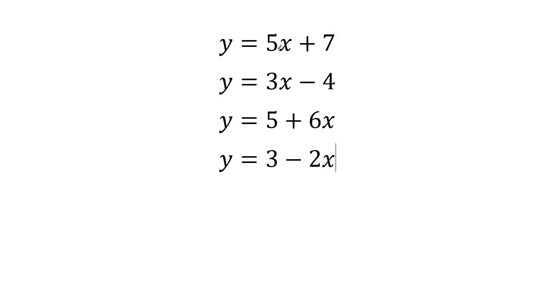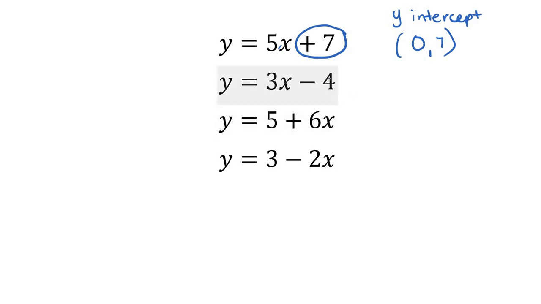I'm just quickly going to go over these examples again. My first equation, y equals 5x plus 7. The plus 7 is going to be my y-intercept, because when x is 0, I'm left with plus 7. So 0, 7 is my y-intercept. In my next one, I've got 3x minus 4. When x equals 0, I'm left with take 4, so 0, negative 4 is my y-intercept. In this equation, I've got 5 plus 6x. 6 times 0 is 0, so I'm left with 5.